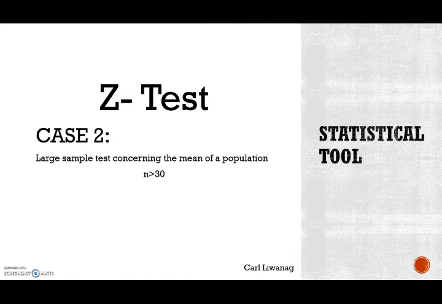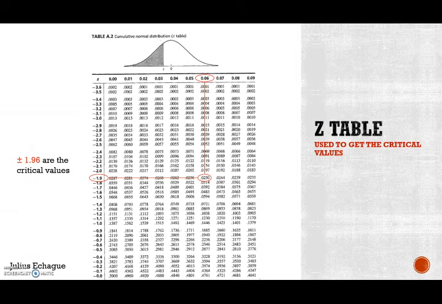The next step is to determine which test to use. In this case, we used the z-test because this is a case 2 situation which has a large sample size, and this concerns a mean of a population and is greater than 30, and this is not normally distributed. In addition to that, we used 0.025 in the z-table to find out what the critical values are.